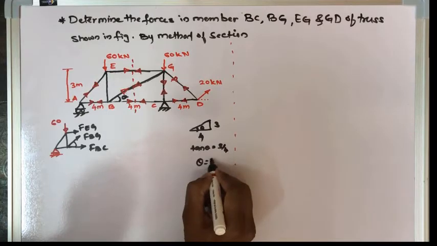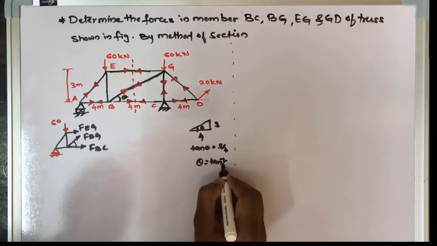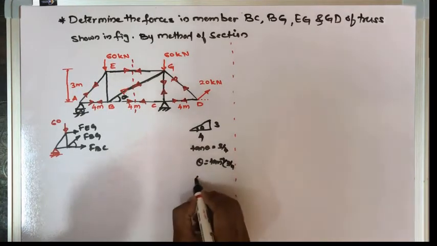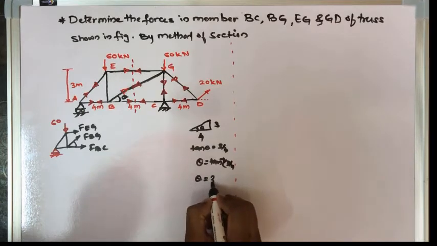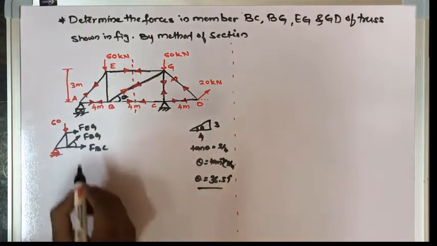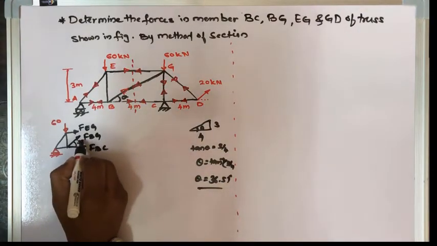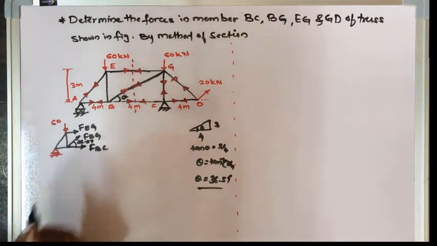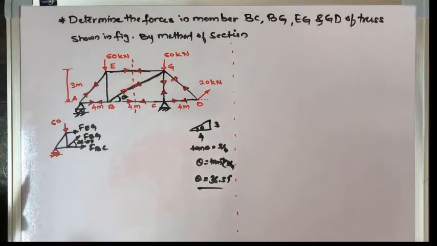So theta will be tan inverse of 3 by 4, which is 36.87 degree. So theta will be 36.87 degree.